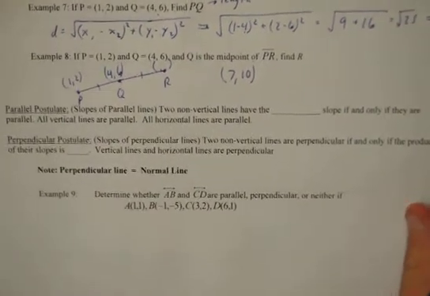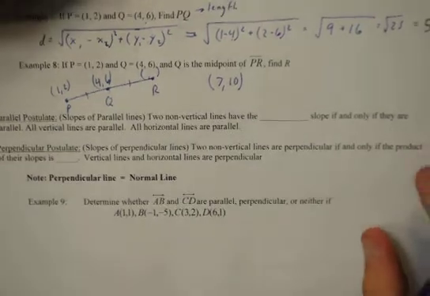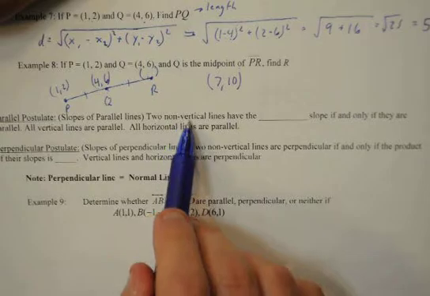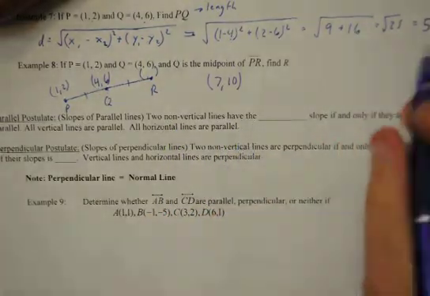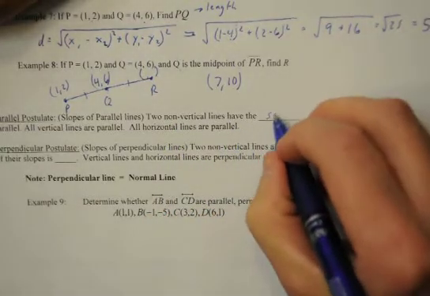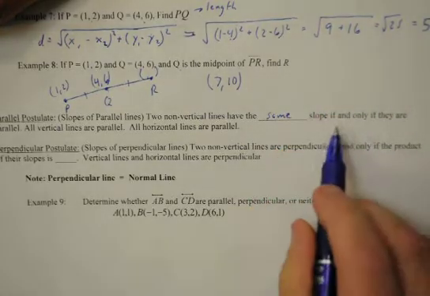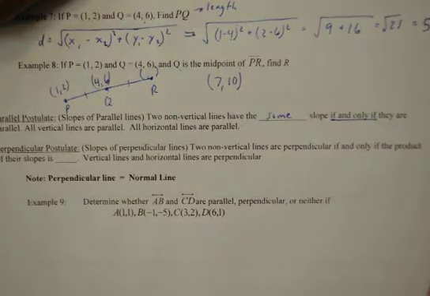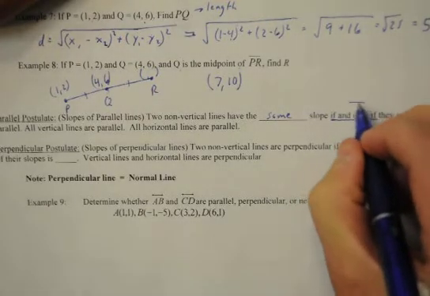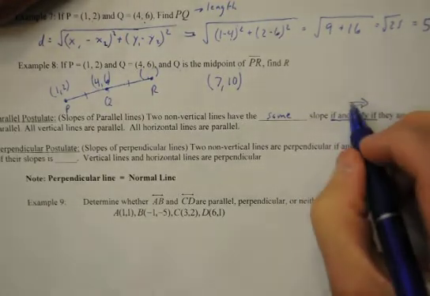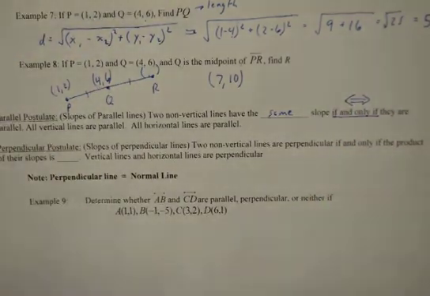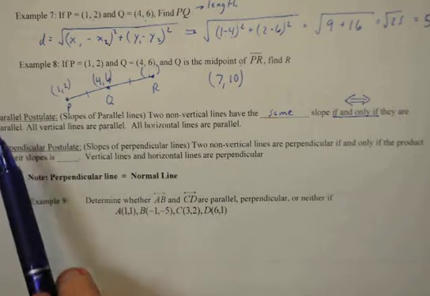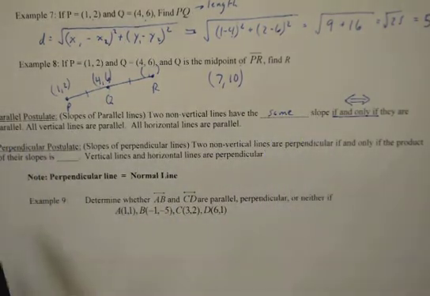Next, let's talk about parallel and perpendicular. Slopes of parallel lines, two non-vertical lines, have the same slope if and only if they are parallel. So if you remember back to geometry, if and only if means P implies Q and Q implies P. They work both ways, so same slope implies parallel and parallel implies same slope.